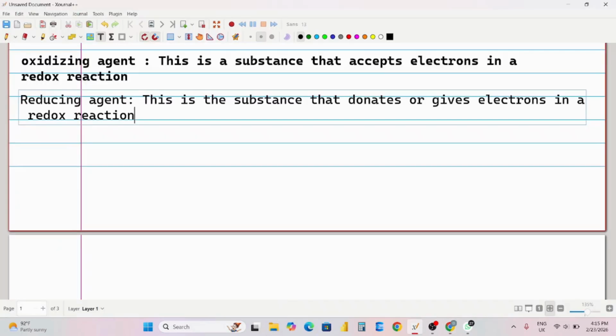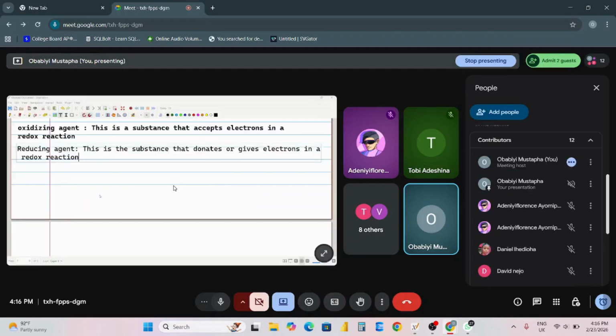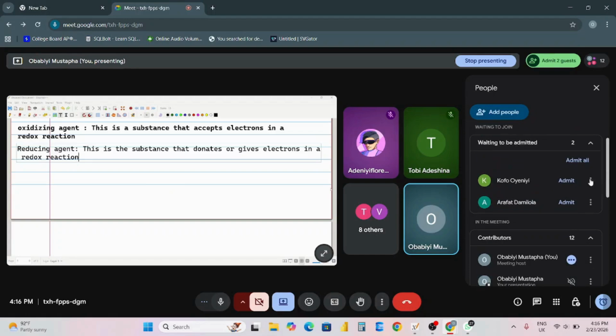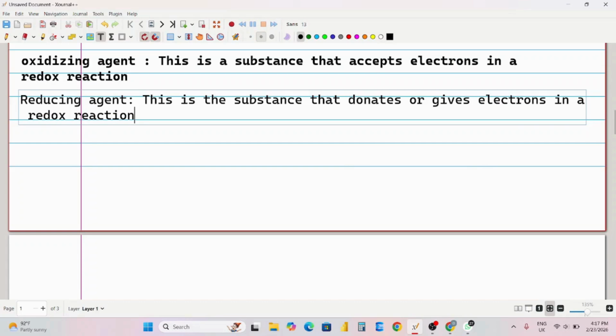So for reducing agents, this is the substance that donates or gives electrons in a redox reaction. Oxidizing agents accept, reducing agents donate. These are two substances, and we require very deep examples so that we can identify them easily.